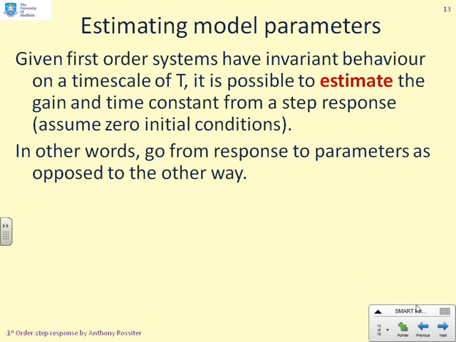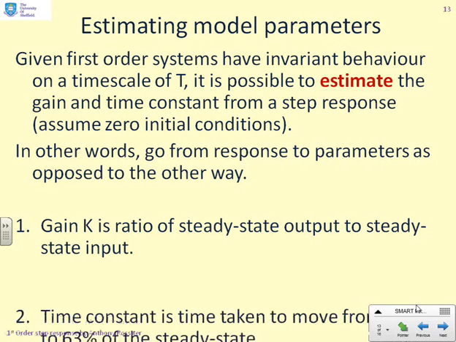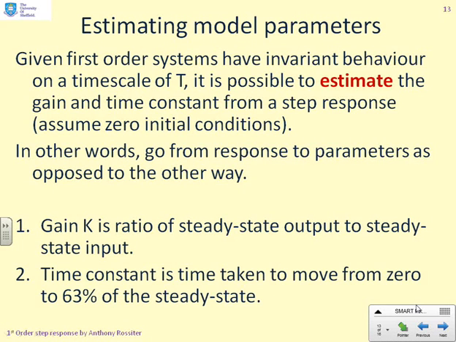So what we want to do is go from the response to the parameters, and this will be quite common because in real life you'll have an engineering problem and you will be able to see the step response, but you might not know the parameters, so you can say, right, I've got the step response, let's work out what the parameters were. Now, the gain K is the ratio of the steady state output to the steady state input. And the time constant is the time taken to move from 0 to 63% of the steady state.